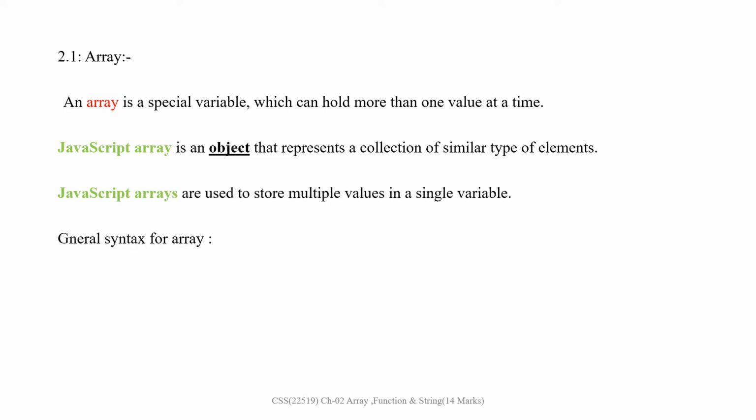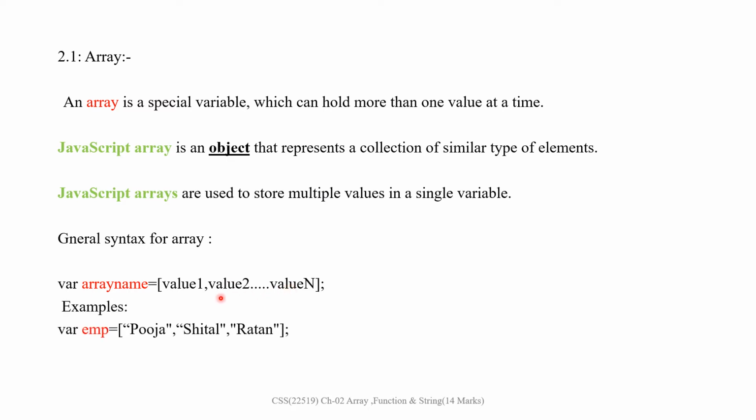The general syntax for array: var array name equals value 1, value 2 up to value n. Var means this is the keyword of JS, that is JavaScript, and the array name is a variable. Then value 1, value 2, we can insert the different values in the array.